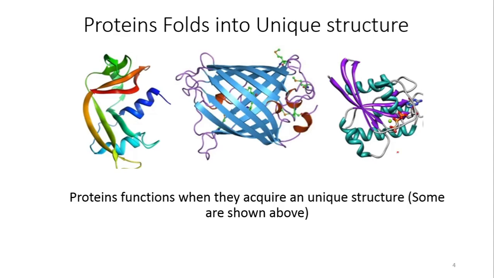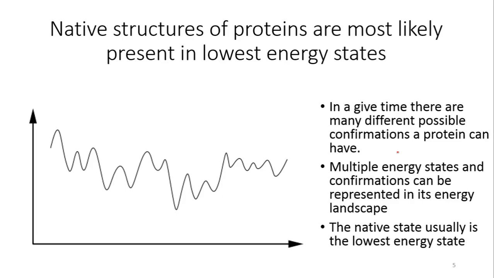The next concept that you should understand in order to deal with the ab initio protein structure prediction algorithm is that you should now appreciate that the native structure of a protein is most likely to be present when it is at its lowest energy state.